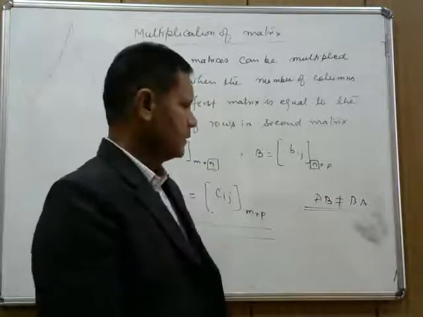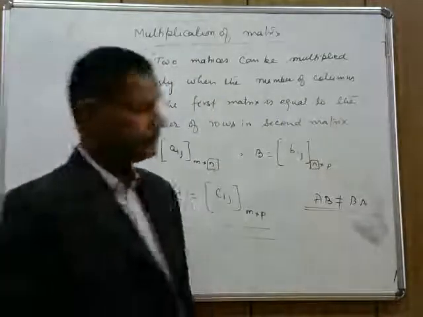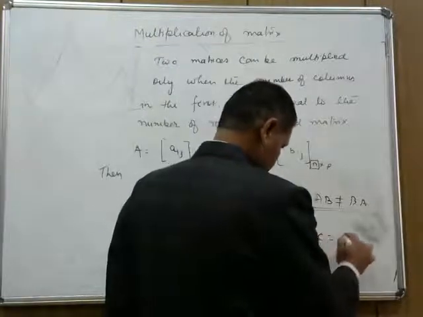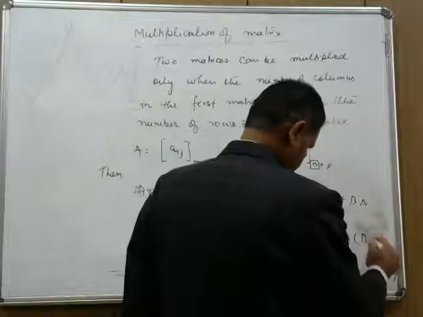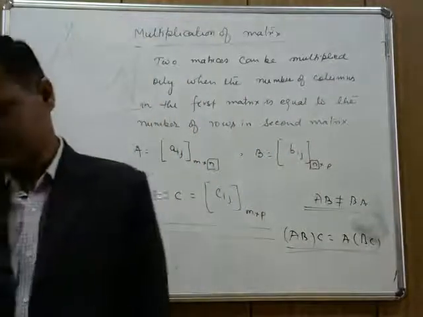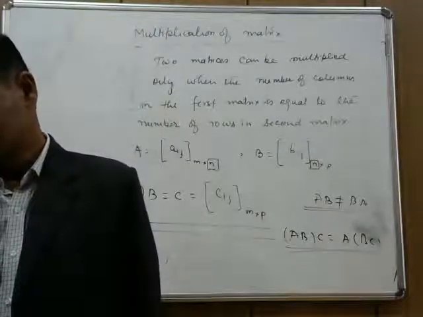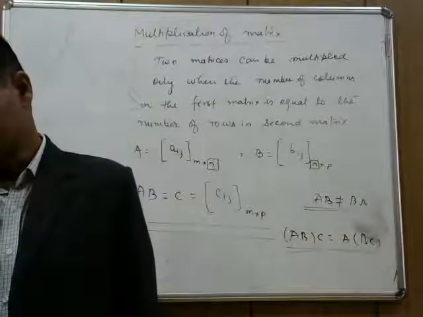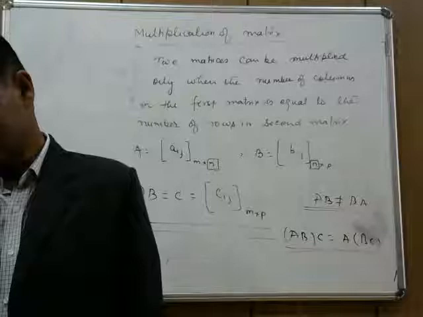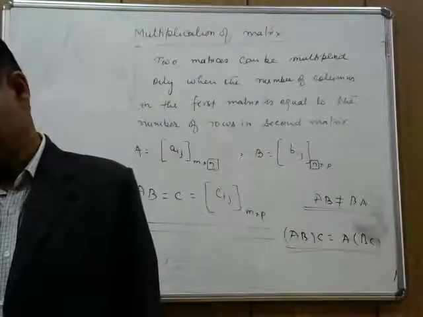Right? But when we have three matrices A, B, C, then we will find that (AB)C equals A(BC). That means matrix multiplication of three given matrices is associative, and matrix multiplication is also distributive over matrix addition.